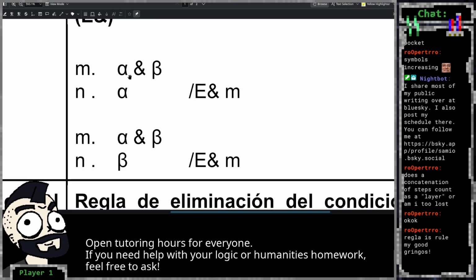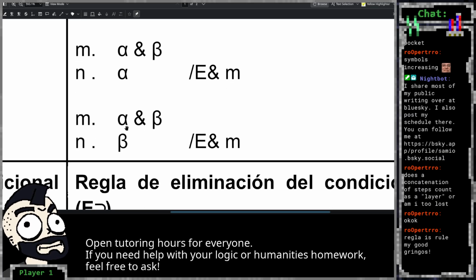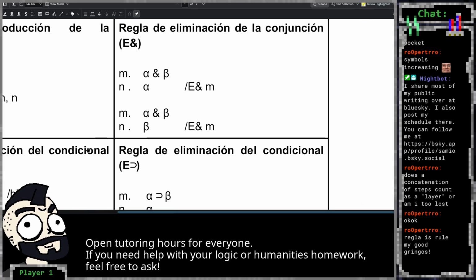I can extract whichever part I want. I can extract the first one, I can extract the second one, and if I want to, I can extract first the first one and then the second one, and that's it.